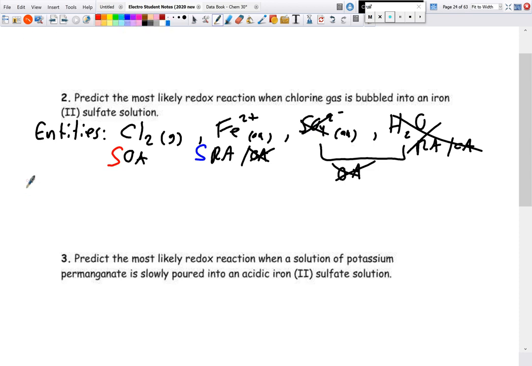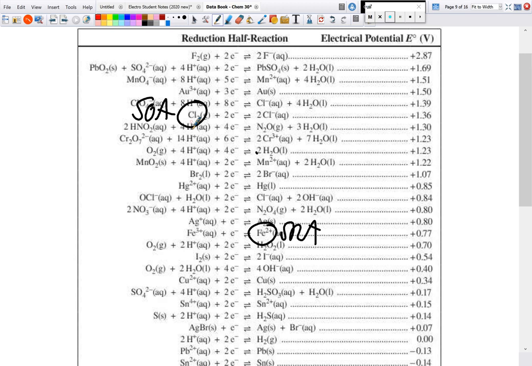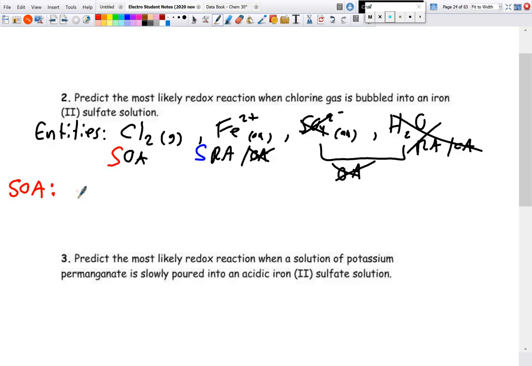So we can start writing our half reactions. For the strongest oxidizing agent half reaction, we're going to write it exactly how it shows up in our table, reading it from left to right. So we have Cl2 gas plus 2 electrons produces 2 Cl minus aqueous.